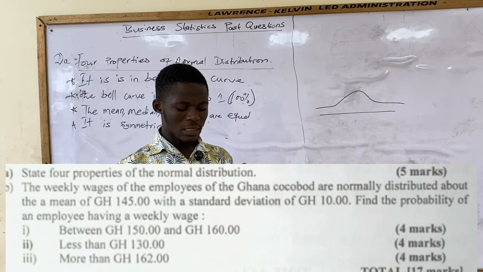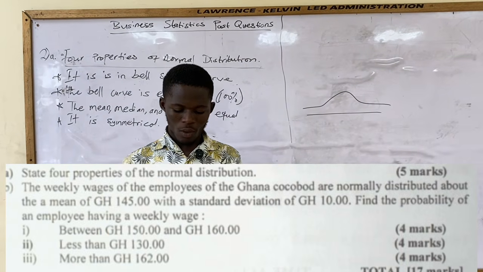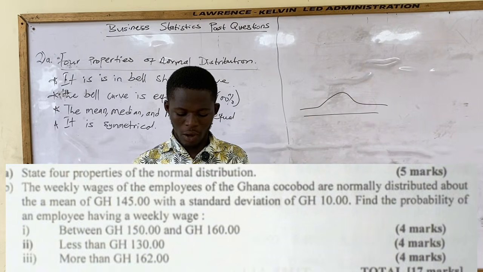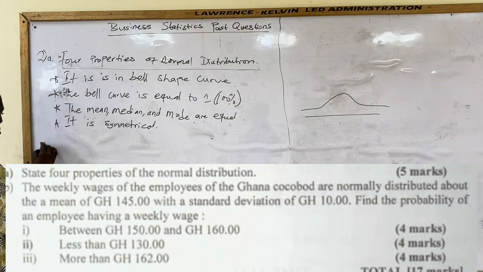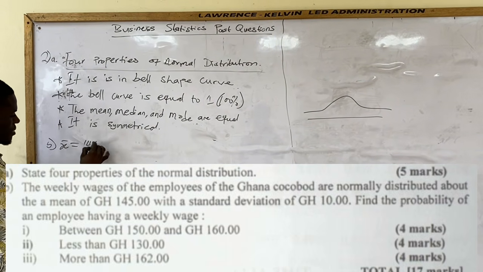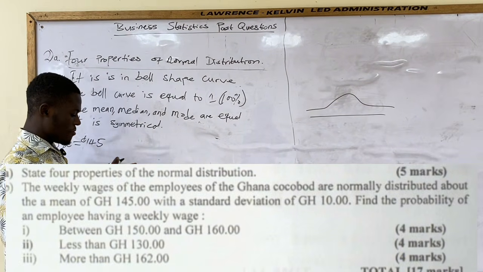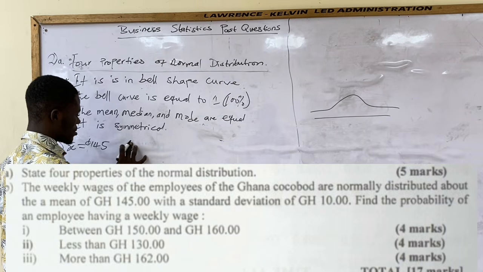The B says that the weekly wages of the employees of Ghana Cocoa Board are normally distributed about the mean of 145. So our mean is 145 cedis with a standard deviation of 10 cedis.